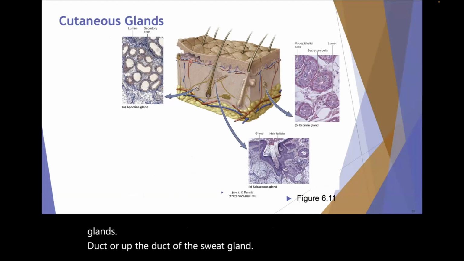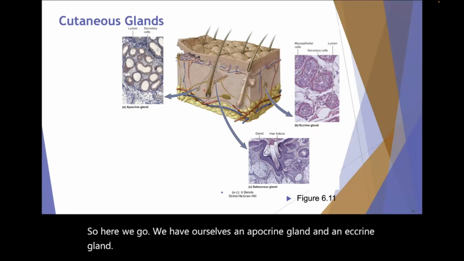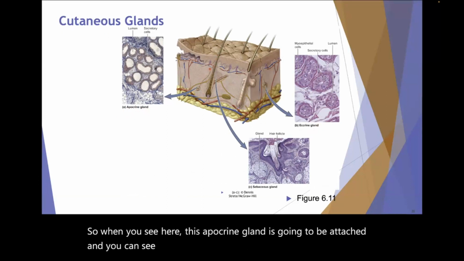So here we go. We have an apocrine gland and an eccrine gland. You can see this apocrine gland is attached, and you can see where it will release out of that hair follicular duct. It's kind of a small picture.